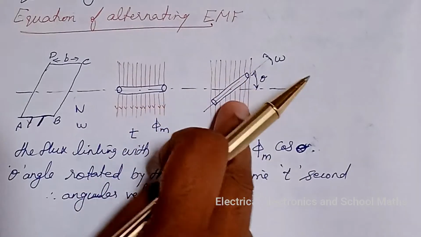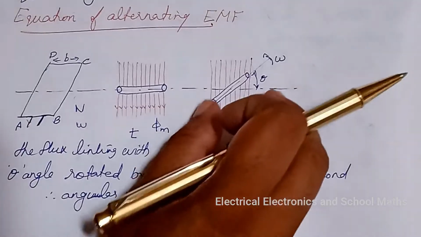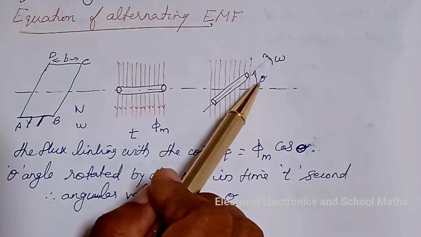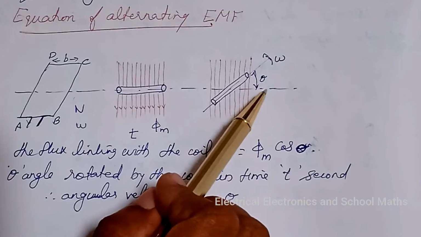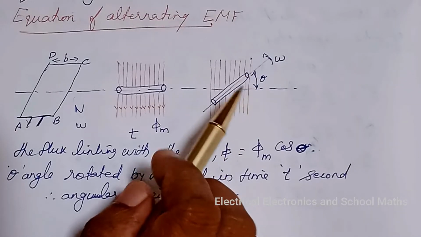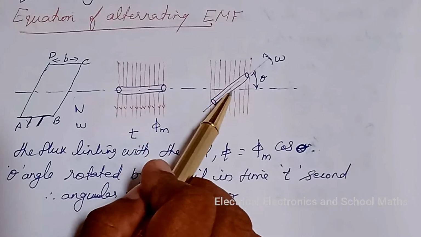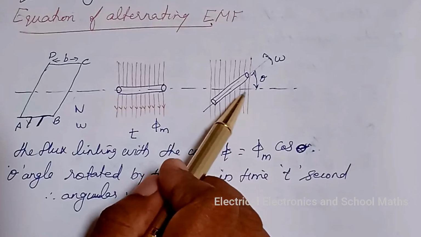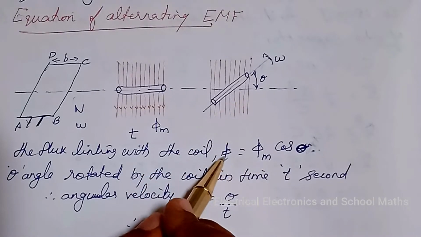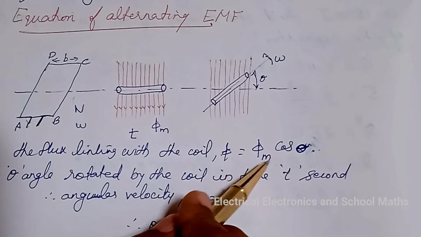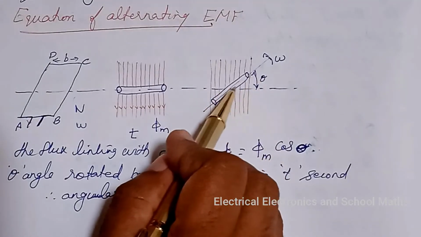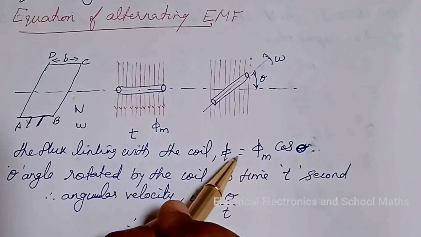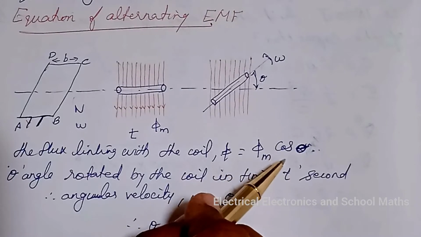For any general case, as the coil rotates through an angle theta in time t seconds, as it assumes a position like this, the flux linking with the coil is given by phi is equal to phi m cos theta. The flux linking with the coil at any instant is phi equals phi m cos theta.